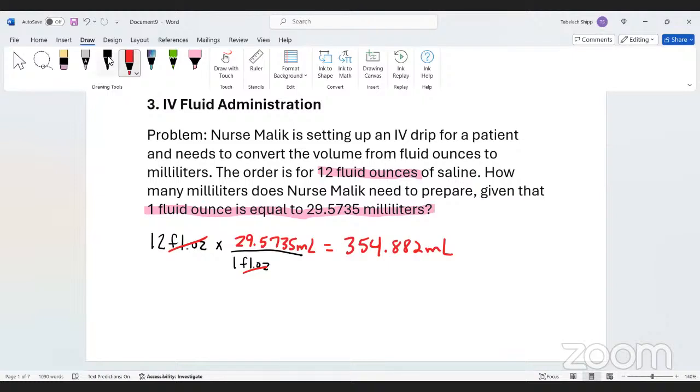So let's round our answer to 3 significant digits. I'm going to highlight what I know. The first three numbers are 354. The number 4 is the third significant digit, but that 8 tells that 4 to round up. So your answer becomes 355 milliliters.